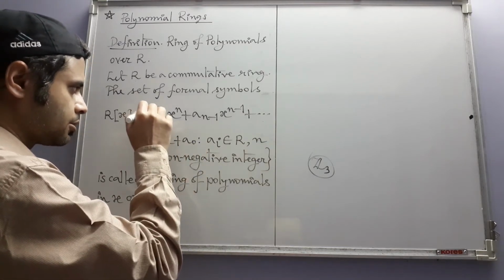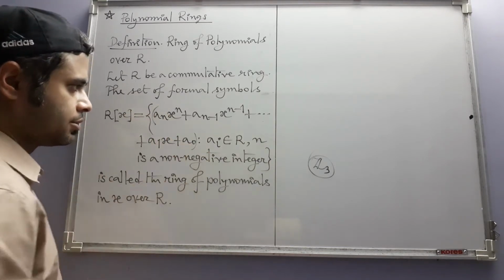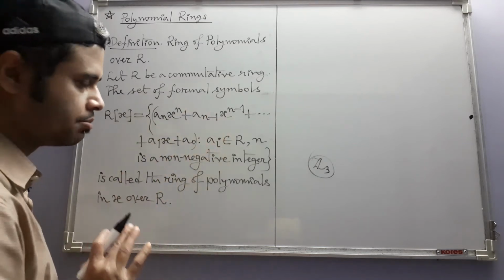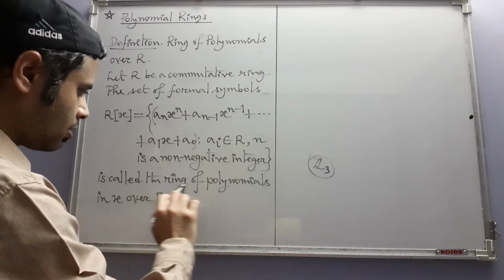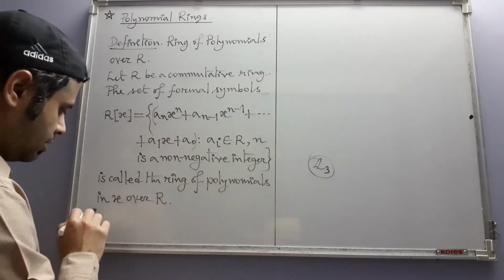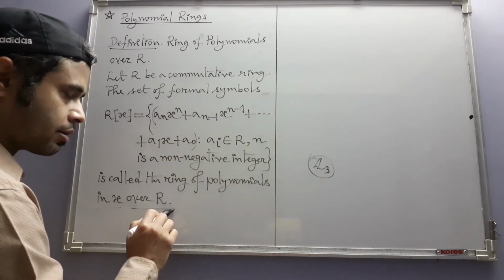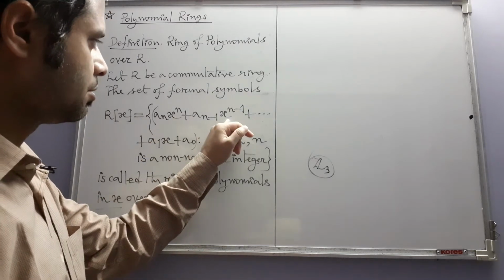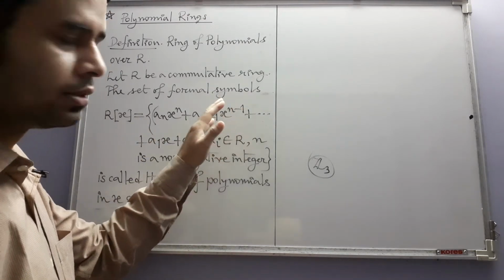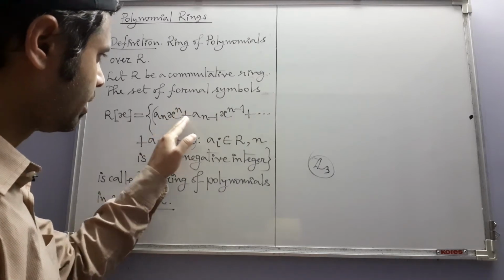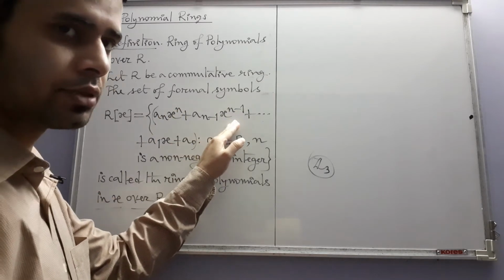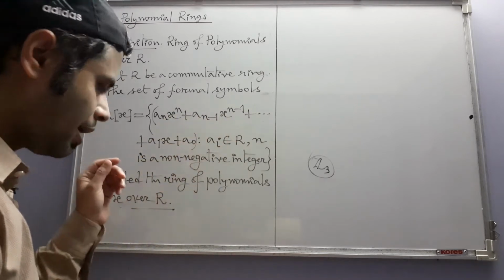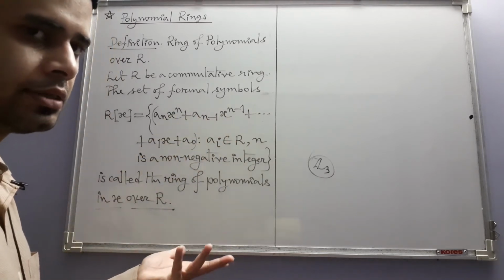This expression that starts from here and ends here, we are calling these things formal symbols, and the set is called the ring of polynomials in X over R. In X means this part of the symbol, these things which look like powers of X. In their place you have X. You can change this X also.